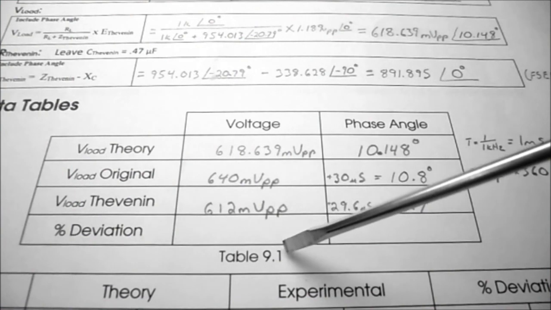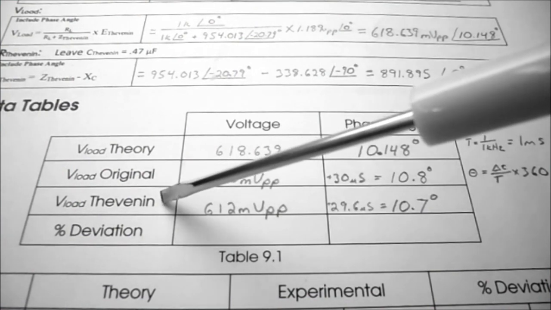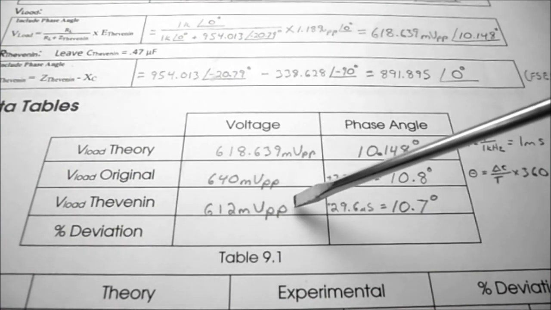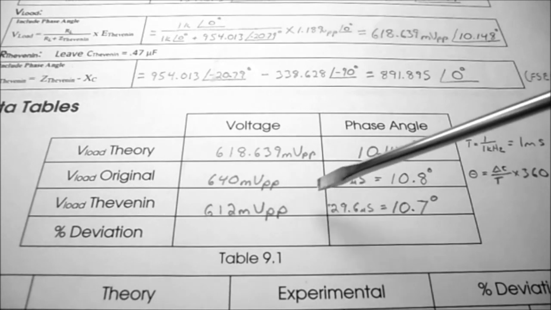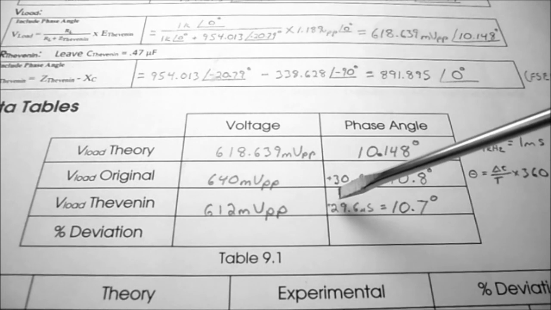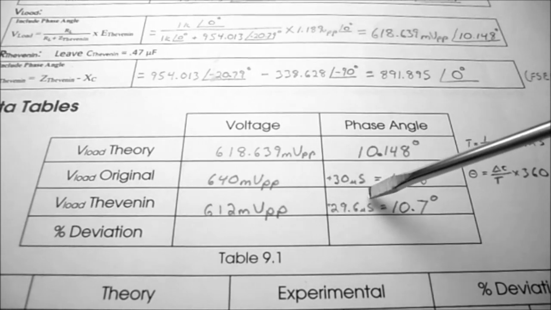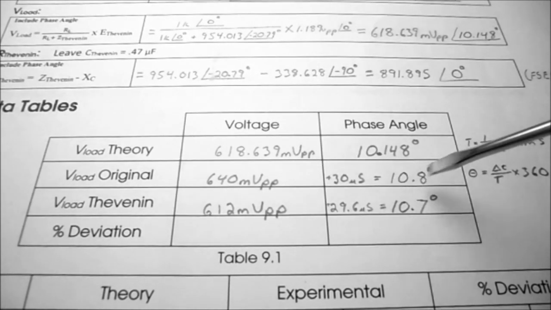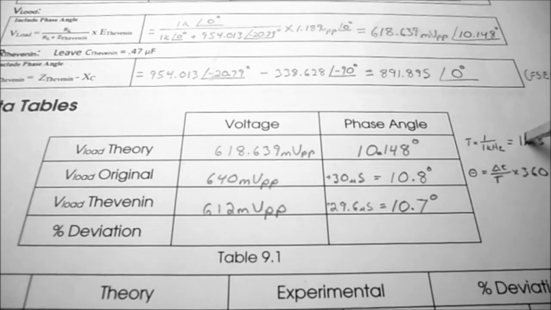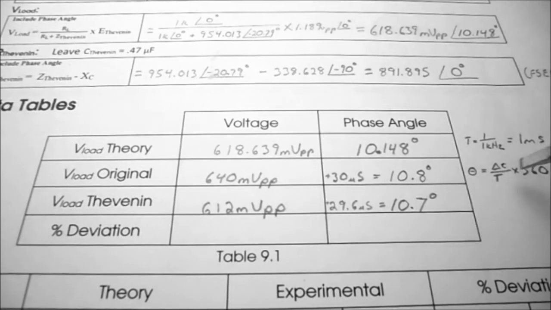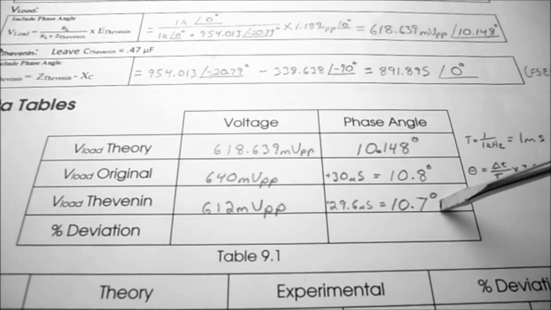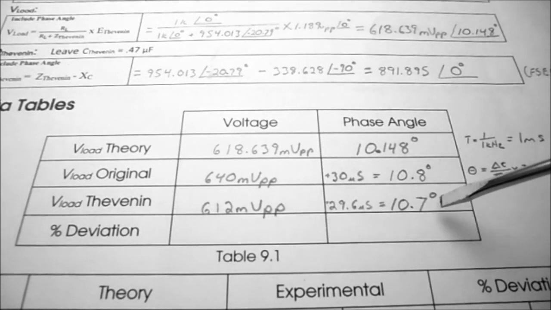So on table 9.1 for V-load Thevenin, I've recorded the voltage as 612 millivolts peak to peak. The phase angle was plus 29.6 microseconds, and when you divide it by the 1 millisecond period and multiply it by 360 degrees, rounding up you get 10.7 degrees.